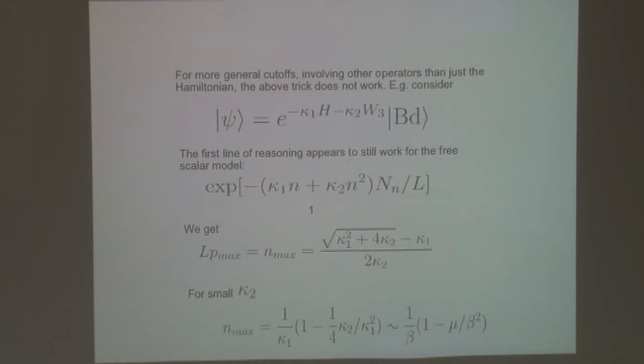So there is thermalization, and this kappa 2 is going to be the chemical potential of W3 divided by 4. So kappa 1 is beta over 4, kappa 2 is mu 3 over 4. That is what we find.